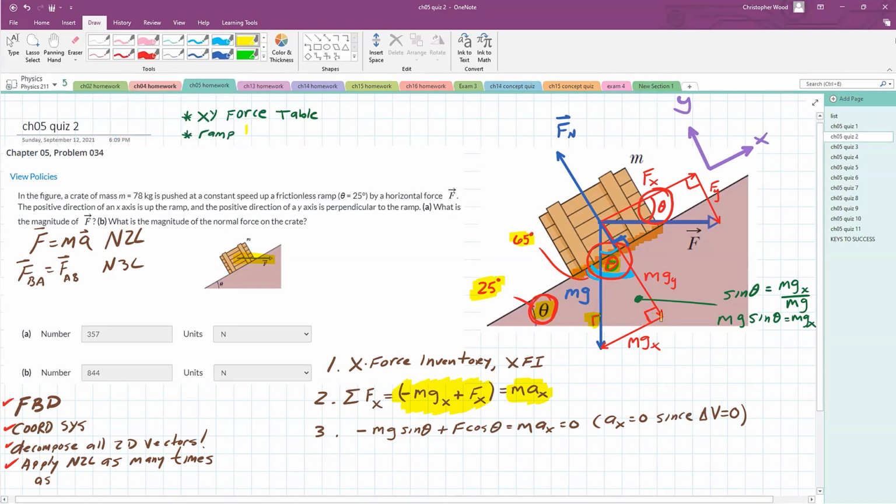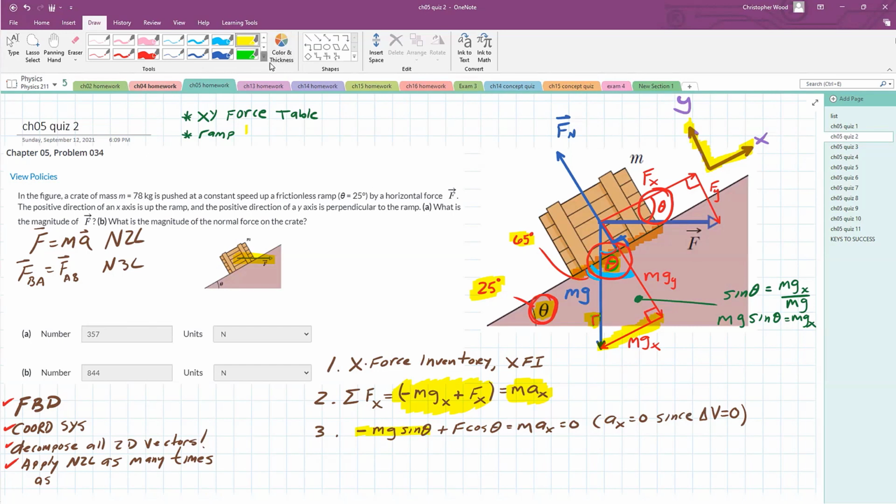Why is this negative? Because it's pointing in the negative x direction. According to my fancy new coordinate system, mgx is pointing in the negative direction. That's why that negative sign is there. And now you know why this is mg sine theta. Same conversation for this triangle.